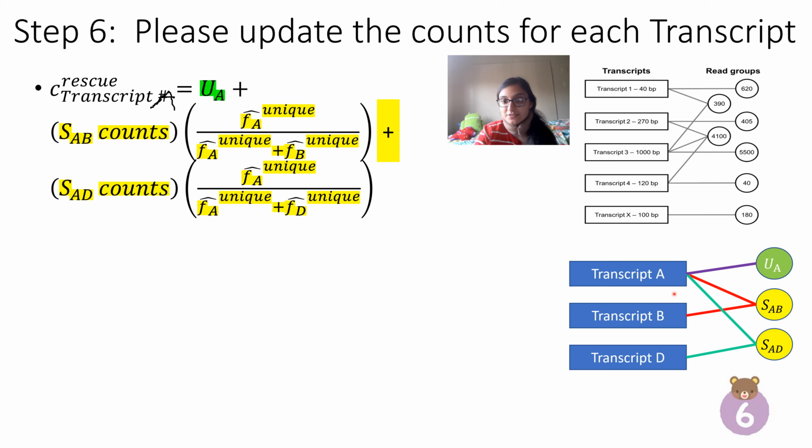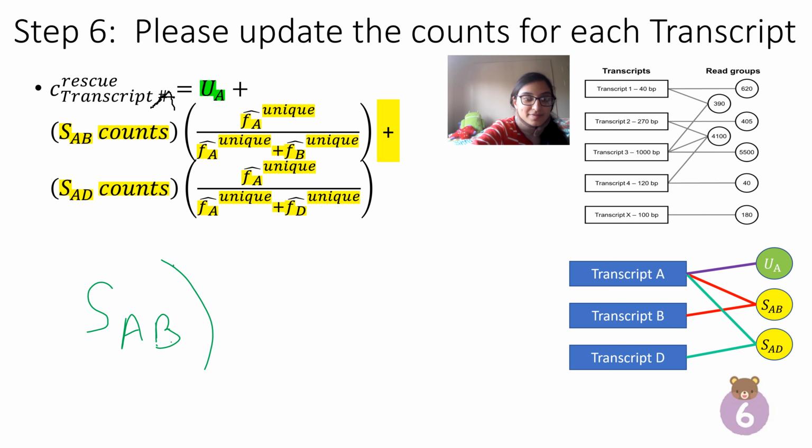And what it gets for SAD, which it shares with transcript D, would be this scaled part. You're basically divvying it up. So if you ask what B will get from SAB, from B's perspective, B is going to get the remainder, which would sum up to 1 SAB counts.